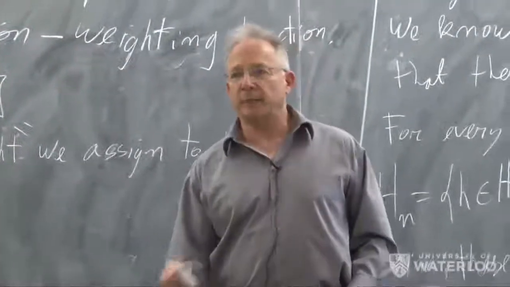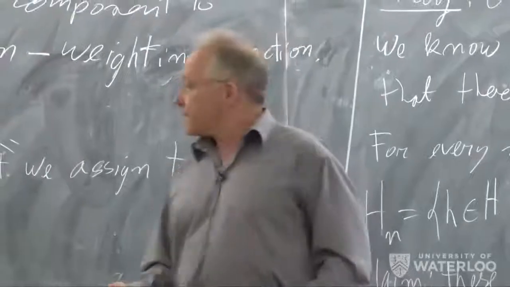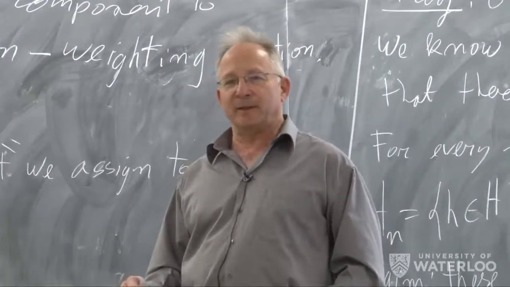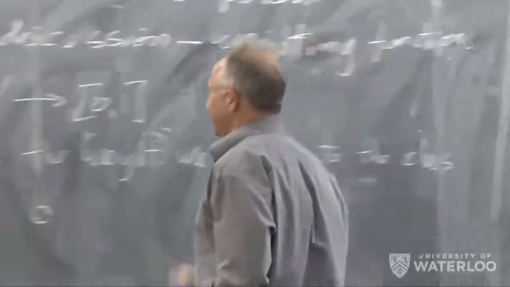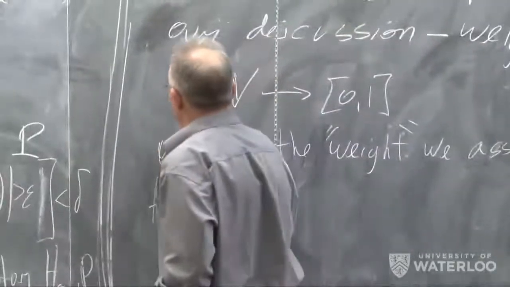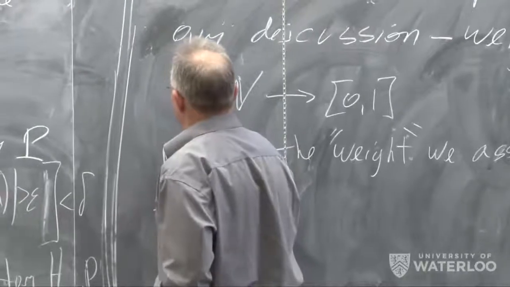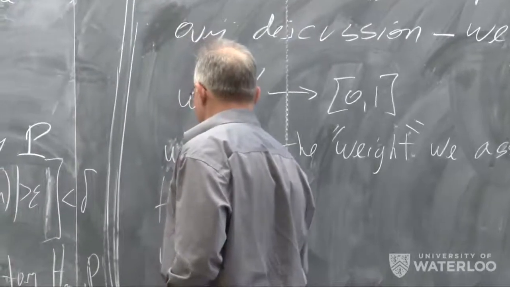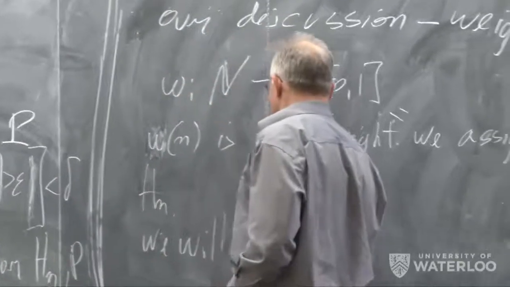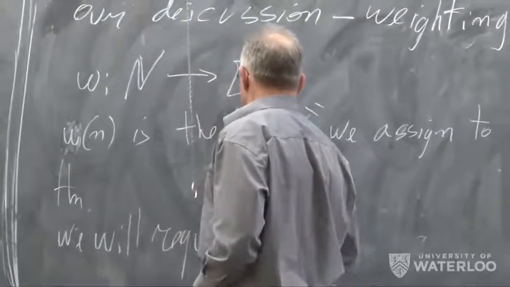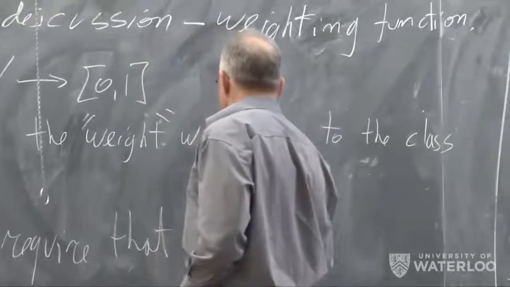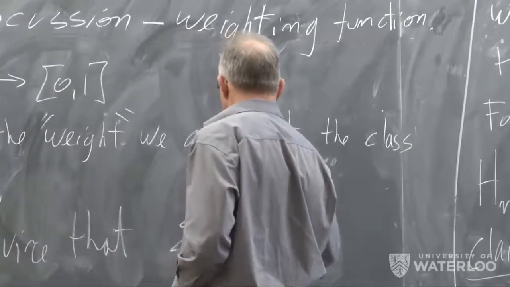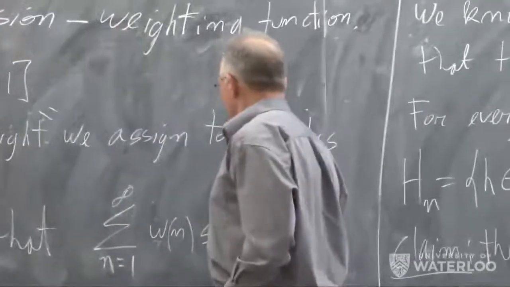And the weight is a kind of saying how much do we... OK. Let me just make one more comment here before I explain what the weight is saying. And we will require that the sum over n from 1 to infinity of Wn is at most 1.